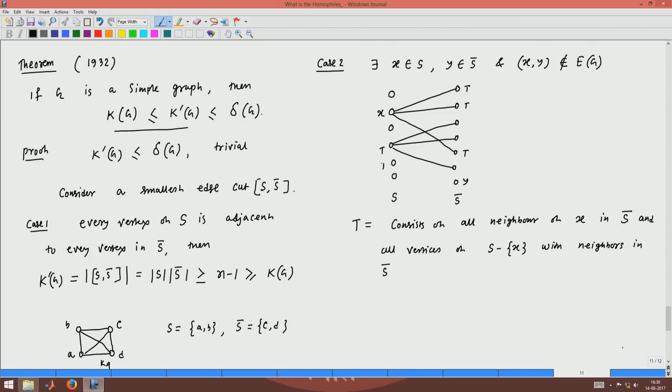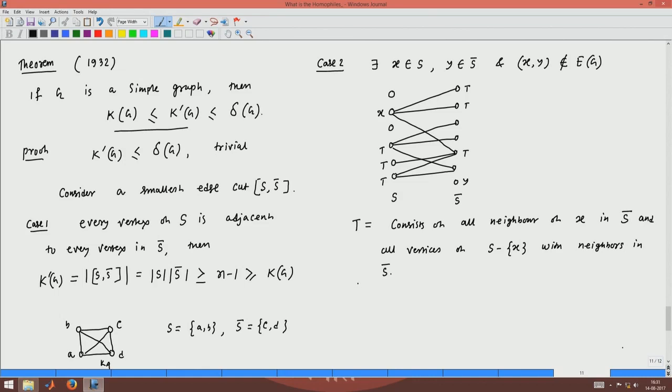This is another vertex which has a neighbor in S complement, and this is another vertex which has a neighbor in S complement. So, now if you see the way that the set T has been defined, T consists of all neighbors of x in S complement and all vertices of S minus x with neighbor in S complement.